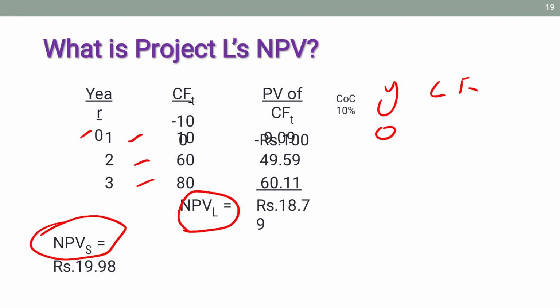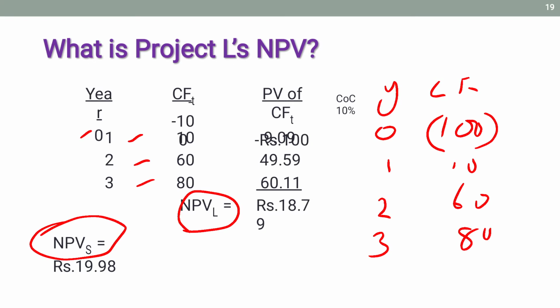Year 0, cash outflow is 100, okay? Cash outflow is 100. Year 1, 10. Year 2, 60. Year 3, 80.